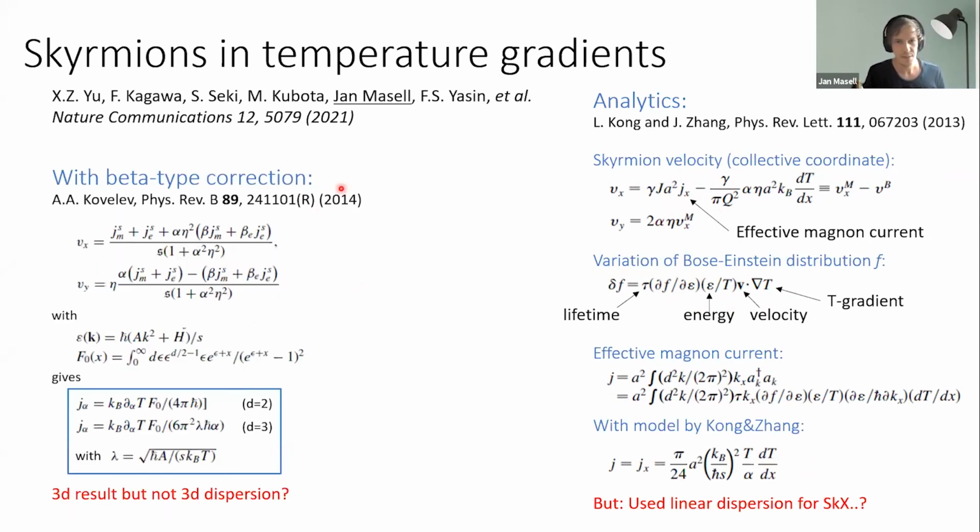So a little later, one year later, there was Kovalev's paper, where he included the non-adiabatic beta-type correction to this equation of motion, and derived it also from integrating out the fast oscillating degrees of freedom. So his equation of motion is a bit more sophisticated and includes this beta, which is pretty much 1.5 times alpha. And he also uses the correct dispersion for the ferromagnet.